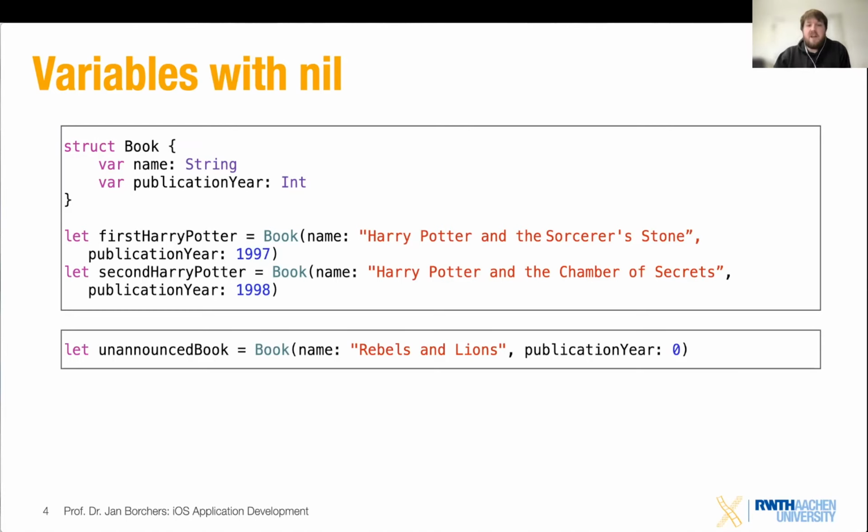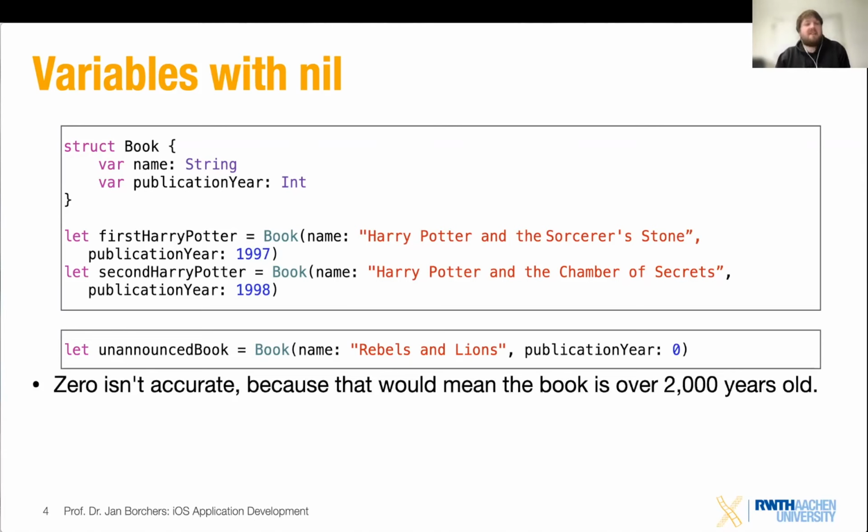We can already give it a name and then set the publication year to 0 because it hasn't been published yet. But the problem is that the 0 really isn't accurate, because it would mean that the book is over 2,000 years old, which doesn't make sense. But we need to put in an integer because we don't have anything else that we can add to this publication year property of our struct.